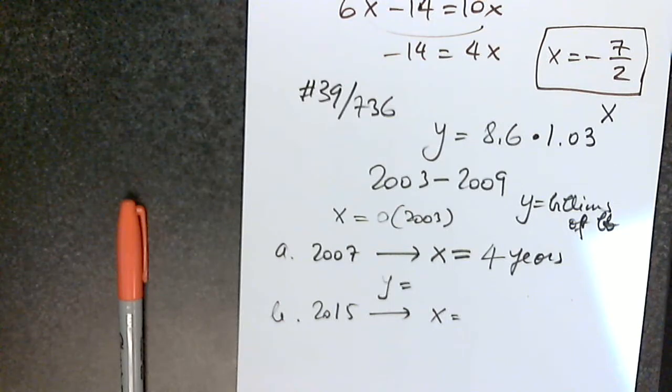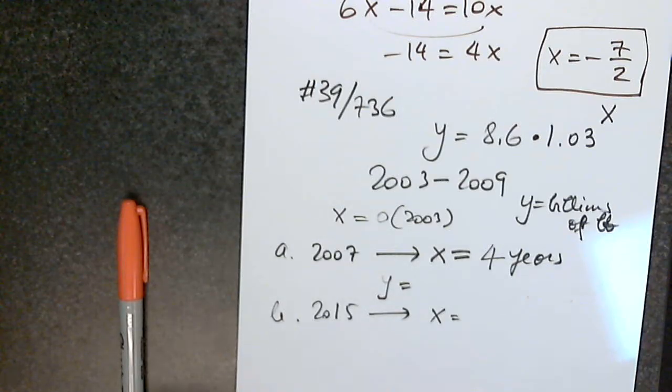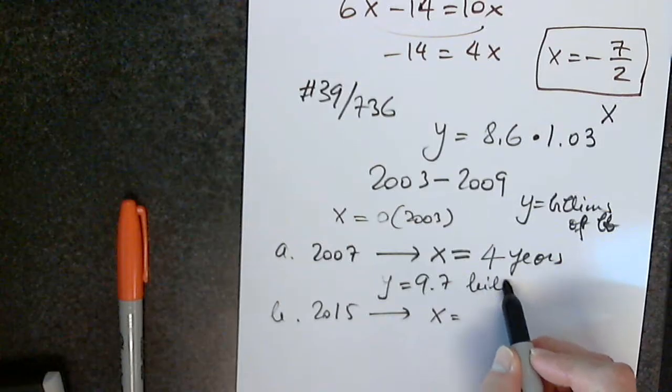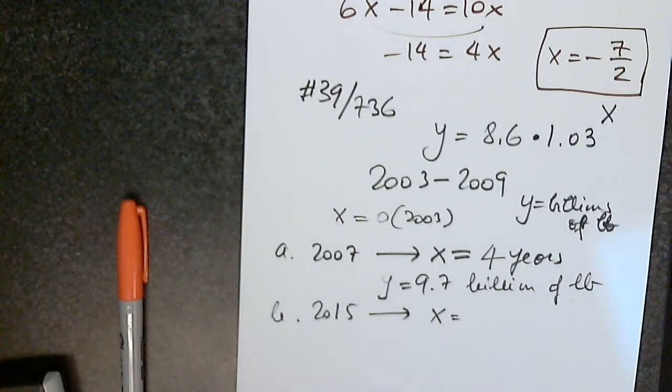Which function is this? Exponential, correct, because the variable is the exponent. Perfect. So 8.6 multiplied by 1.03 raised to power 4. And I got roughly 9.7 billion pounds. Good.